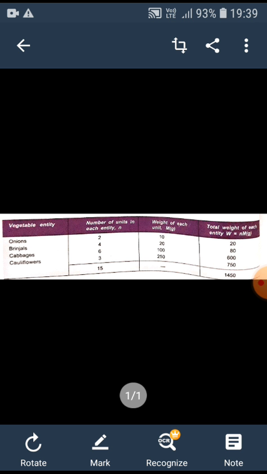Similarly, the corresponding contributions by brinjals, cabbages, and cauliflowers can be calculated, and then we sum up the contributions made by each vegetable variety and we get the average weight of the total vegetables, which in this case comes out to be 171.93 grams. These two concepts are known as number average and weight average molecular weight concepts as they are applied to polymers.